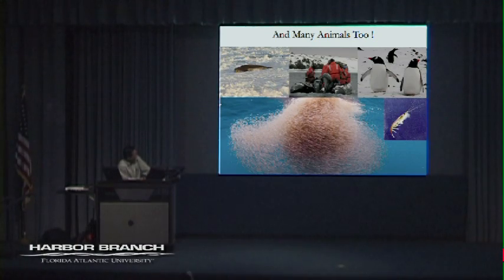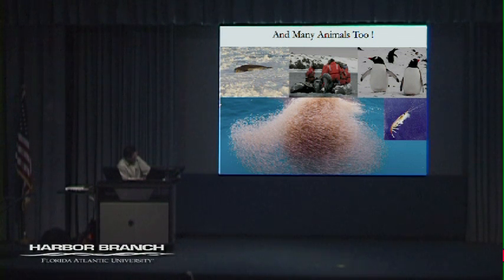So in the Southern Ocean, we are looking at phytoplankton not only for the carbon cycle study itself, it's also important for all the animals and organisms down there. There's a huge ecosystem.